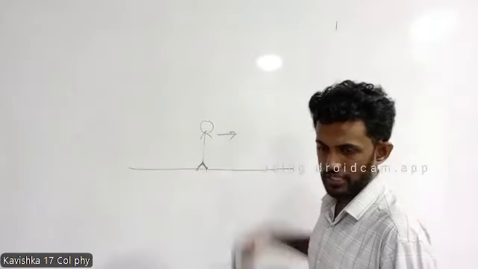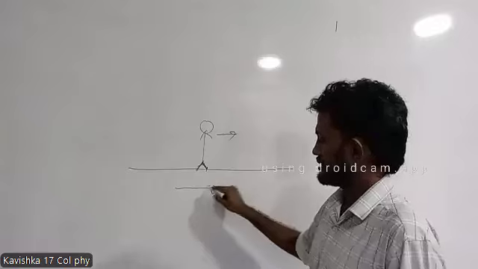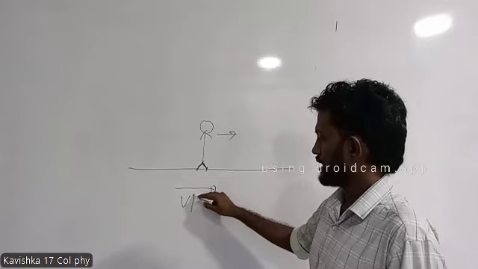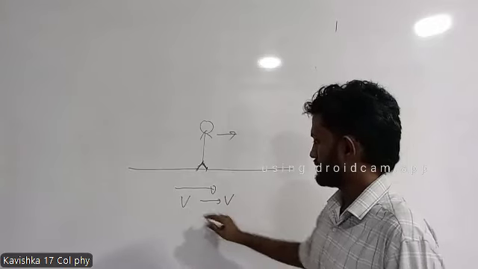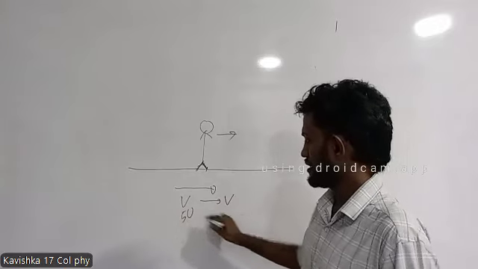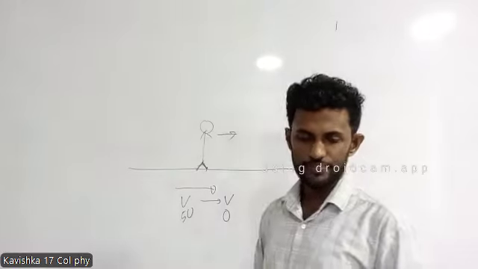Then what happened to the bus? Its velocity becomes zero in a very sudden period. Maybe from 50 to zero in 2-3 seconds.